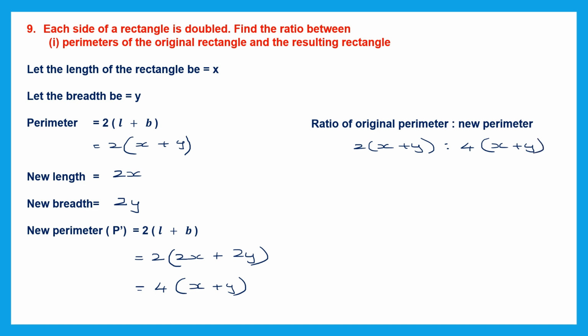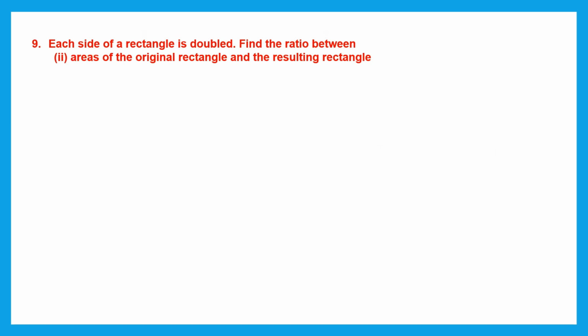Now here we have x plus y on both sides, so we can cancel that off. So what is left is just 2 is to 4, which when you simplify further becomes 1 is to 2. So the ratio of the perimeter of the original rectangle and the new perimeter of the resulting rectangle, the answer is this, 1 is to 2.